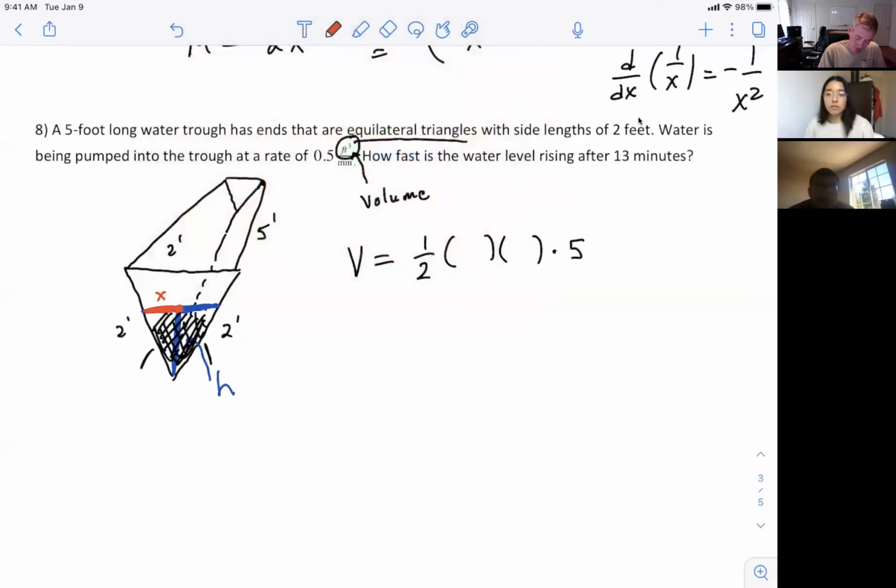And the base of that triangle is actually 2 x's, because I counted x as the left side, which means by symmetry, there'd be another x on the right side. So the base of that triangle is going to be 2x, and the height is h. And then actually the 1/2 and the 2 are going to cancel each other out. So there's really just 5 times x times h.